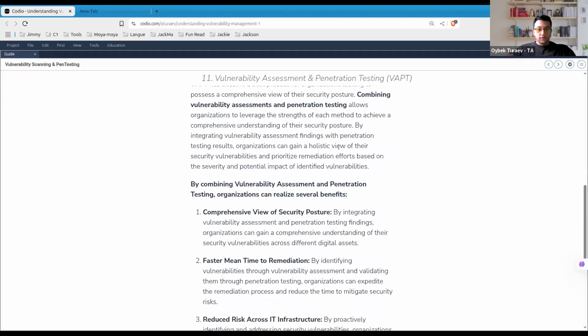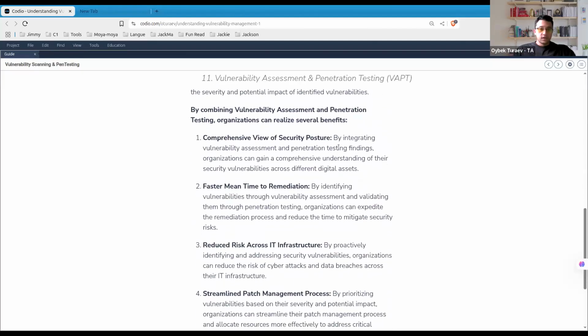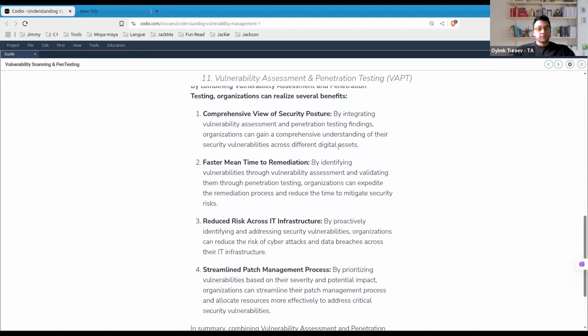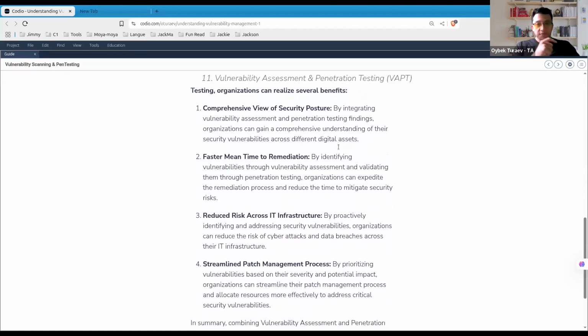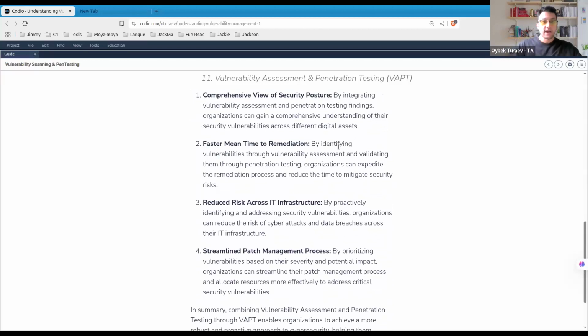Combining vulnerability assessment and penetration testing has several benefits. The first benefit is a comprehensive view of security posture. Yeah, it is indeed comprehensive. It gives you detailed information by running a vulnerability scan plus doing pen testing. And the second is a faster mean time to remediation. What does it mean?